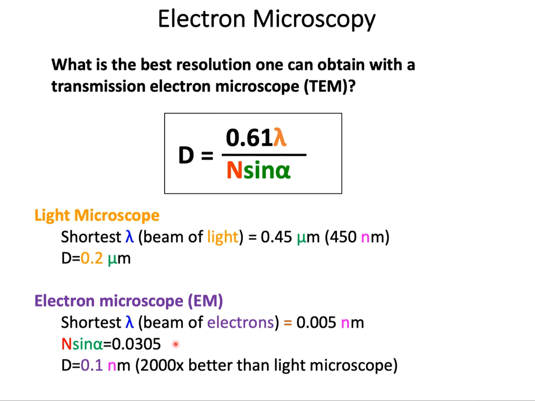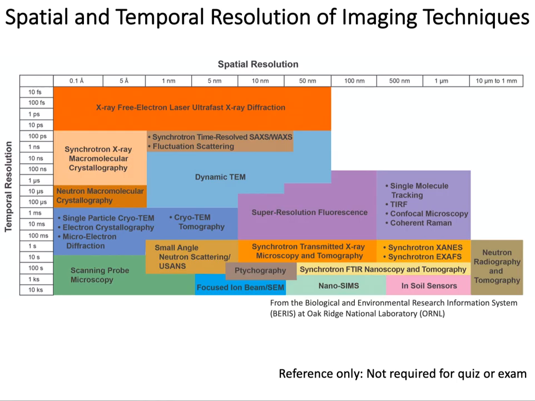The sine alpha of the best electrons is 0.0305. So using these numbers in the formula for resolution, you can get a resolution of transmission electron microscope of 0.1 nanometer, or 2000 times better than a light microscope.